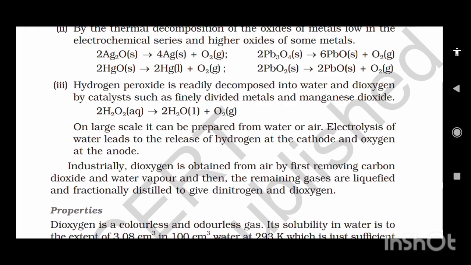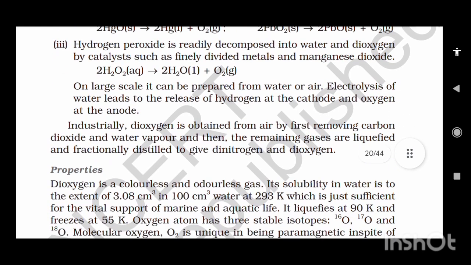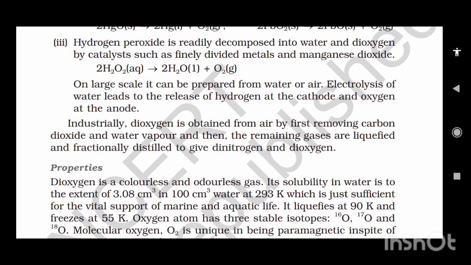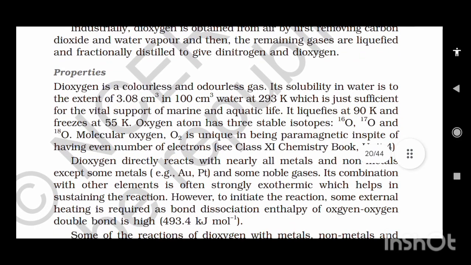On large scale, it can be prepared from water or air. Electrolysis of water leads to release of hydrogen at cathode and oxygen at the anode. Industrially, dioxygen is obtained from air by first removing carbon dioxide and water vapors, and then the remaining gases are liquefied and fractionally distilled to give dinitrogen and dioxygen.